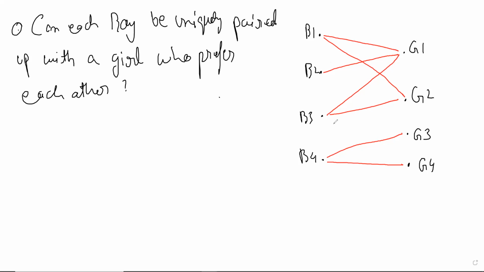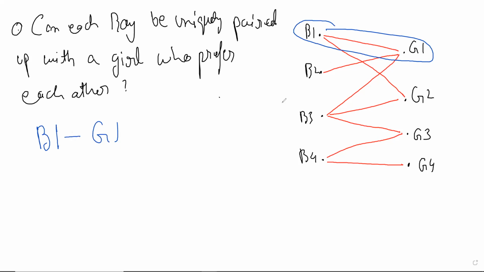Or let me change the question a little bit. Will such a pairing be possible in this case? Certainly, you can just pair it in the obvious way. So you can pair boy one with girl one.